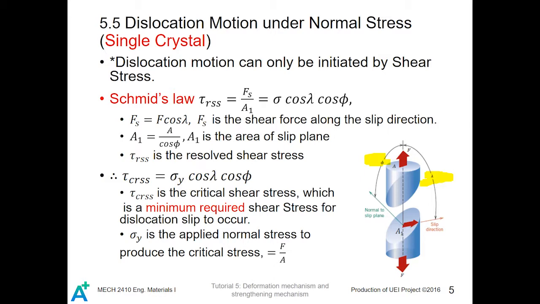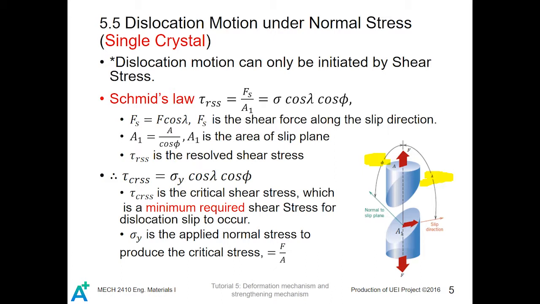And RSS, I just mentioned it. Critical resolved shear stress is basically the minimum shear stress required for dislocation slip to occur. Sigma y is the applied normal stress to produce the critical stress, which is equal to F over A, the definition of stress.